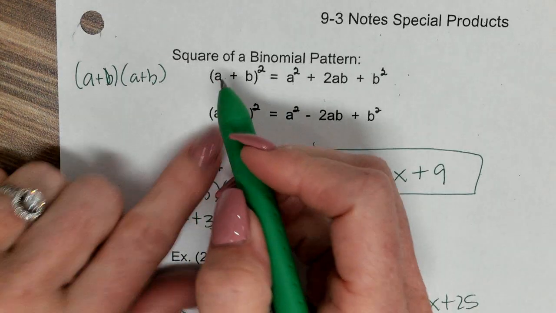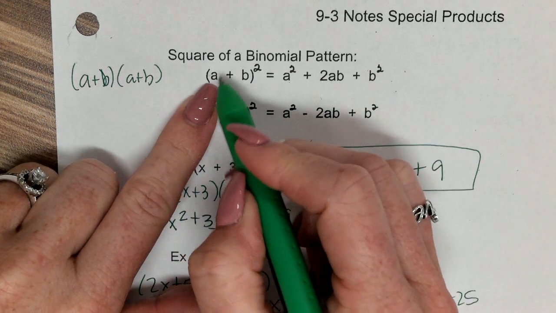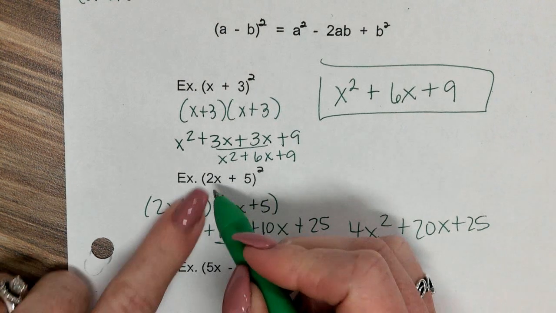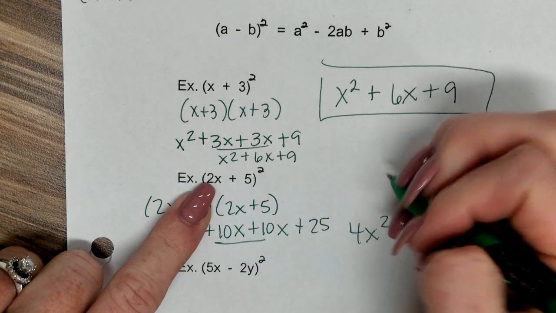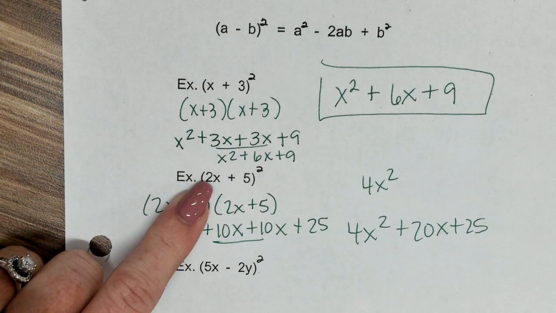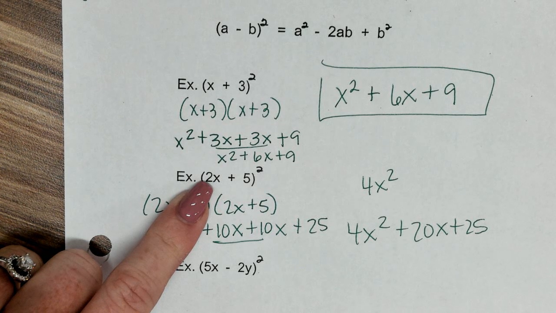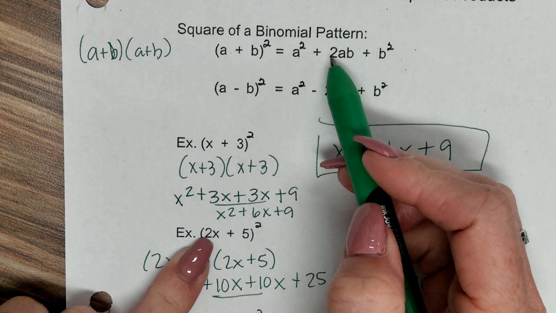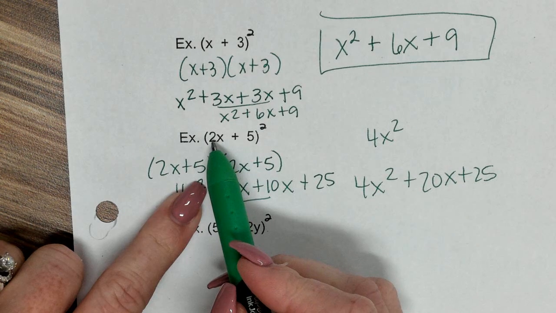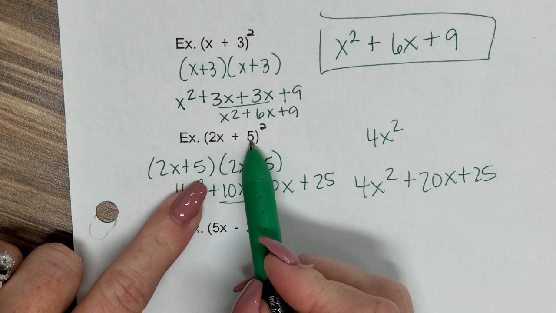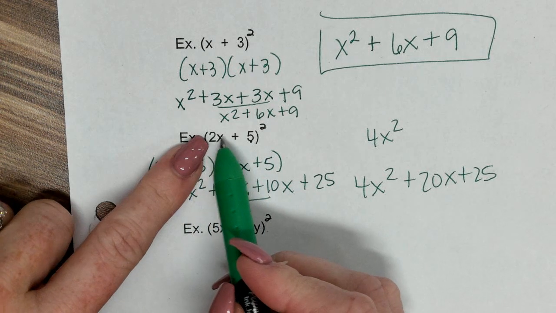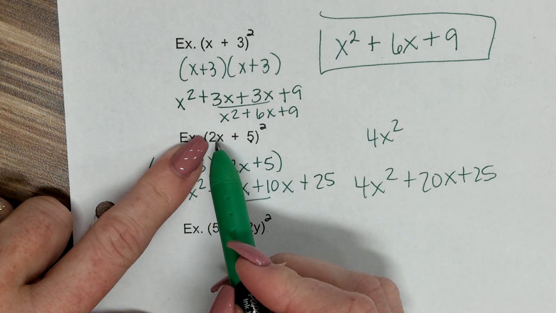Look right here. All it says, take your first term and square it. Yes? So what is (2x) squared? 4x squared. Are y'all with me? What does the next thing say to do? Take 2 and multiply it times this times this. So what's 2 times 2x? 4x.